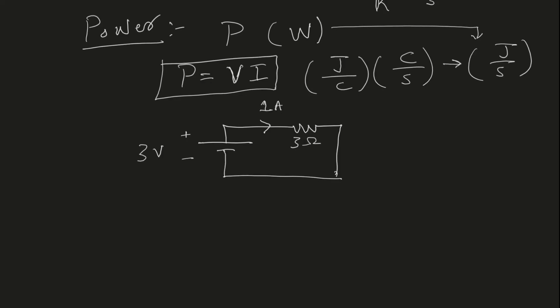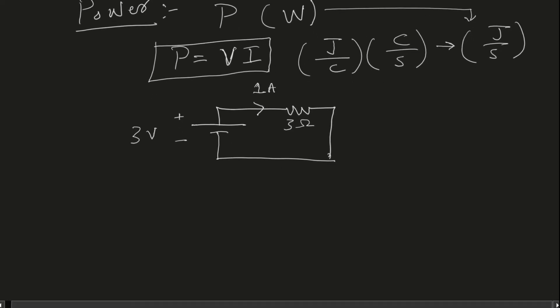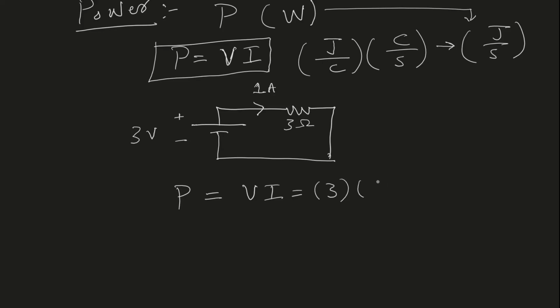So I want to ask how much power is this battery delivering to the circuit? That is very easy to calculate now. The power produced by this battery is the voltage times the current, which is 3 volts multiplied by 1 ampere. So this battery is producing 3 watts, which means it is producing 3 joules of energy every second.